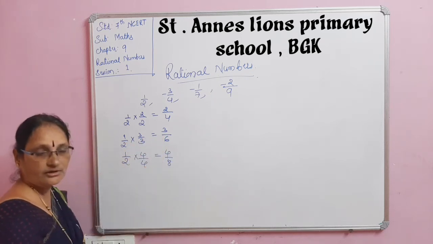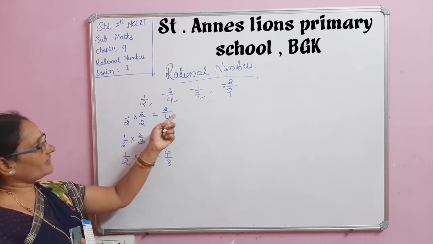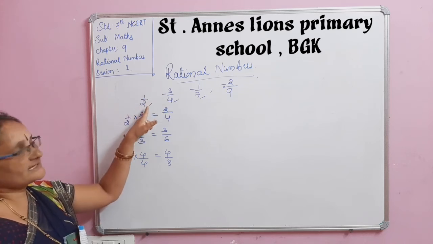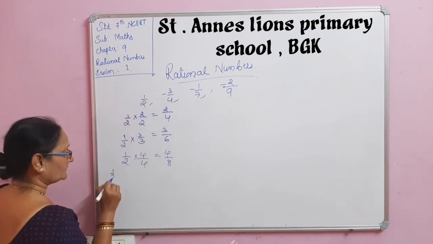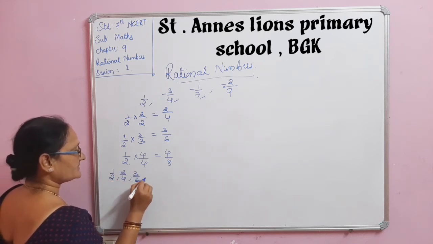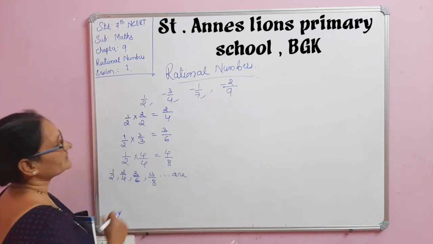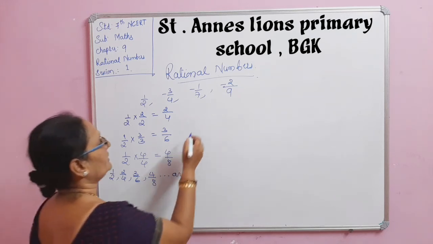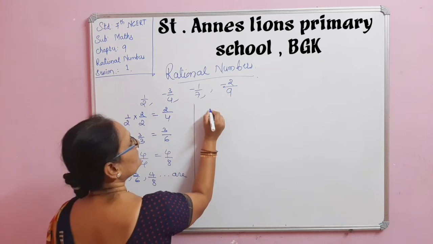Like this you go on writing. These are called equivalent fractions if you consider them as fractions. Now we are considering them as rational numbers, so 1 by 2, 2 by 4, 3 by 6, 4 by 8 and so on are called equivalent rational numbers.